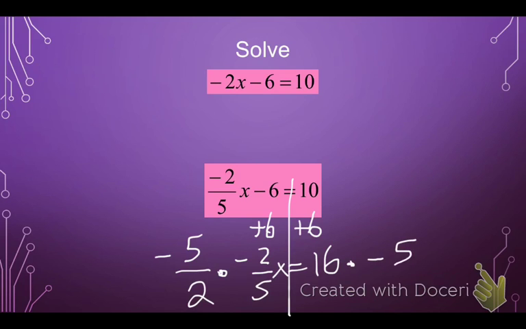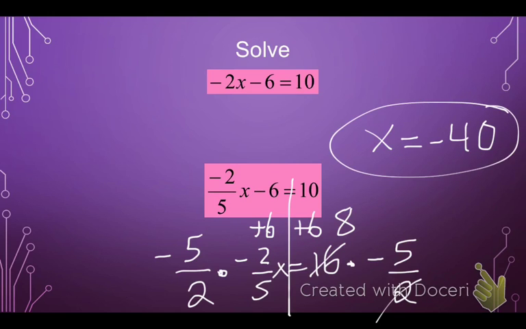Multiply by negative 5 over 2. Okay? I can cross simplify. 16 becomes 8. 8 times negative 5, x equals negative 40. Okay, those equations aren't bad, right? That one with a fraction, you can multiply by the reciprocal. But today, every term is going to be a fraction, so that's when we're going to need to use the rule that I'm teaching.